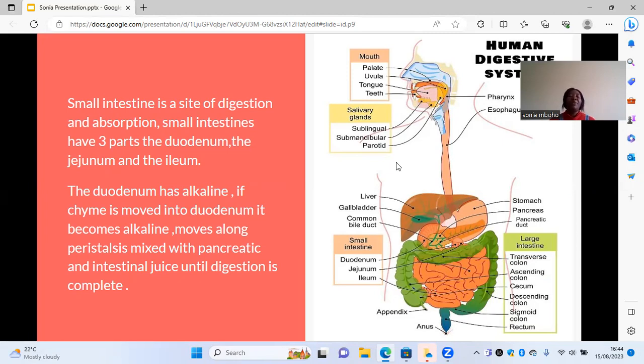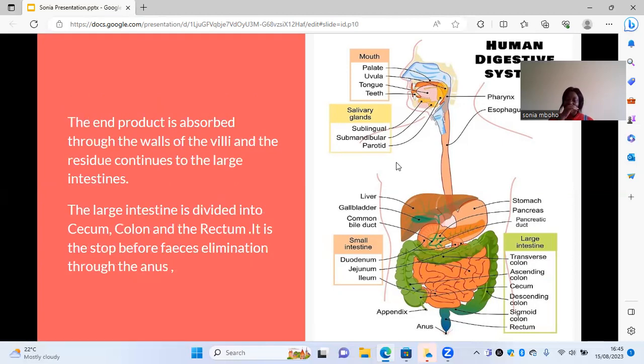The duodenum is very alkaline, and when the chyme is moved into it, it becomes alkaline and moves along by peristalsis, mixed with the pancreatic and intestinal juice until digestion is complete. The end product is absorbed through the walls of the villi, and the residue goes to the large intestine, the green part which we see here.